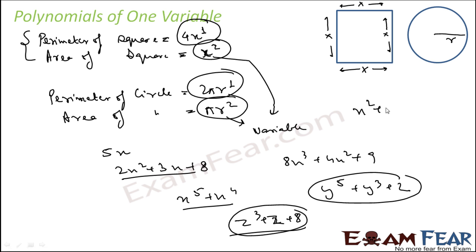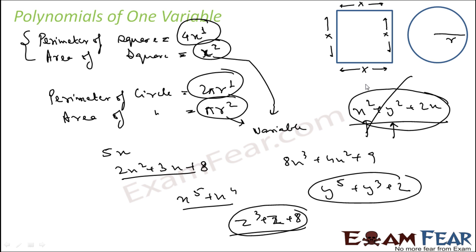But if you talk about something like this, x square plus y square plus 2x, here there is a variable x, variable y. So this is an example of polynomial of two variables. Okay, please understand with me, polynomial of one variable because there is only one variable. Why are they polynomial?